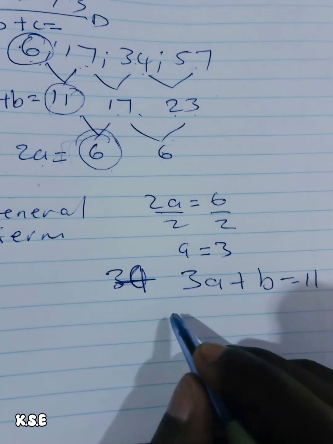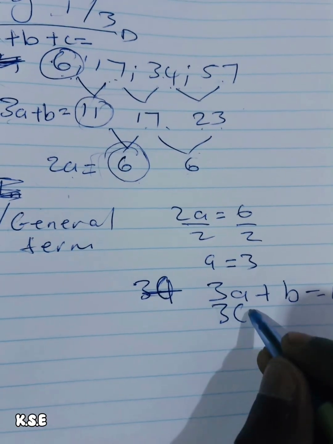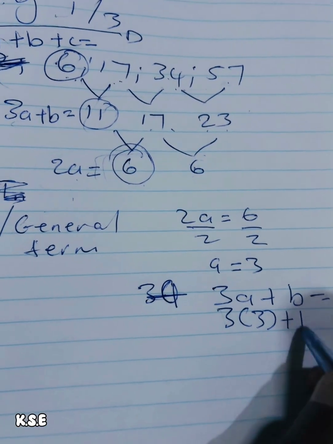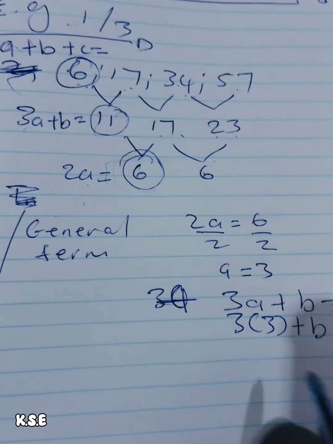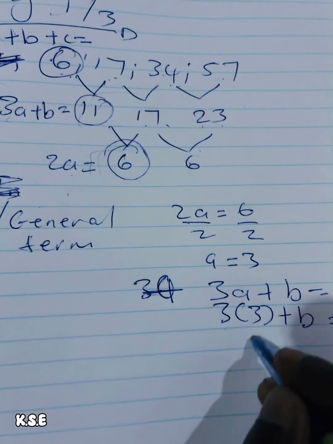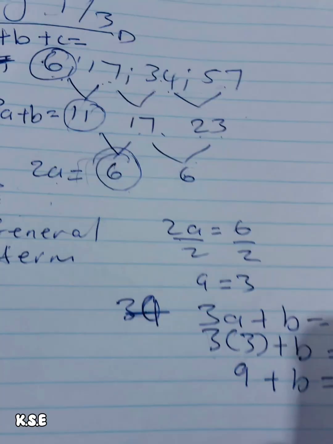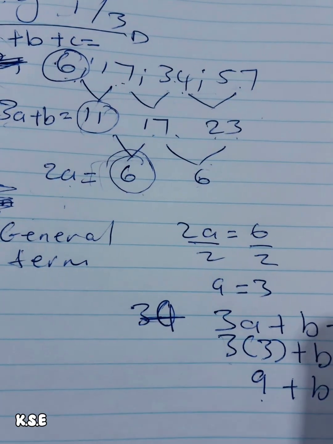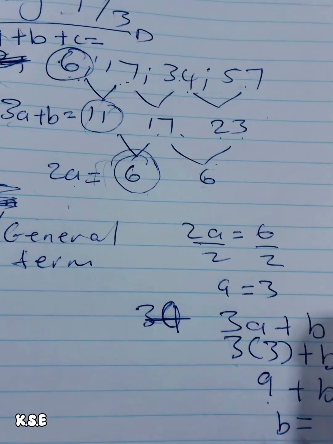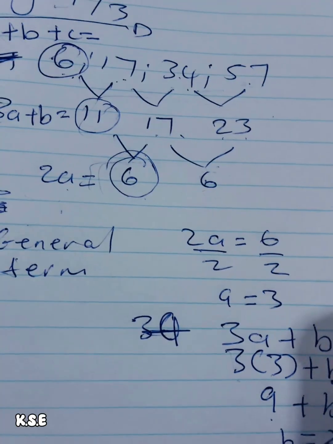So we substitute the a we got: 3 times 3 plus b equals 11. This gives us 9 plus b equals 11. We transpose 9 to the other side, so b is equal to 11 minus 9, which gives us 2.